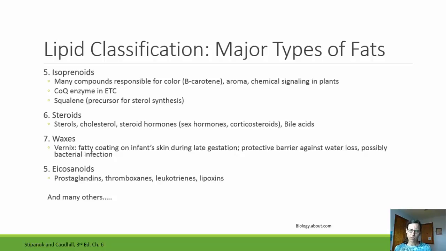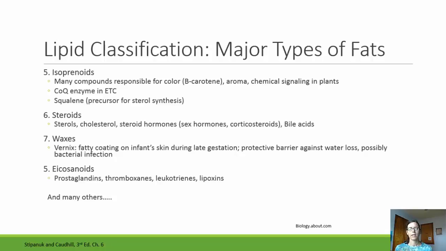We have waxes, which are less common, but they often cover a plant. If you think about some of those plants with those waxy leaves, and it's also important in humans in the form of vernix, which is that waxy white stuff that's covering an infant's skin in late gestation, but often when they're born too, you'll see this white stuff.